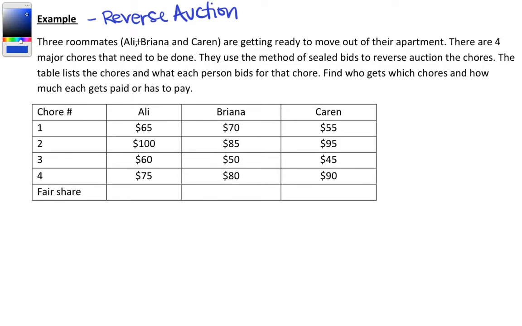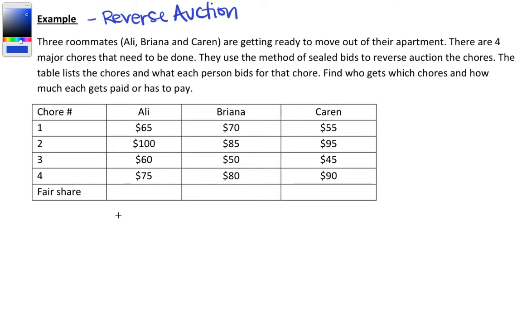Here we've got 3 roommates, Allie, Brianna, and Karen, moving out of their apartment. They've got to do chores. They don't want to do the chores, and they're bidding on how much credit they should get to do them, so lowest bid is going to get it. Okay. We want to find out who gets which chores, how much they've got to pay.